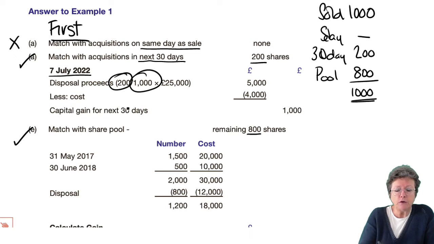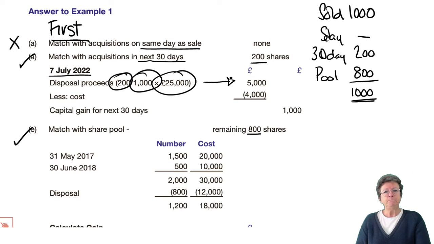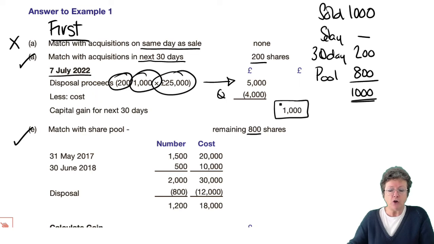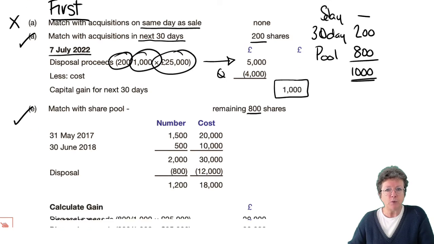So 200 out of the 1,000 of the proceeds goes into this computation. Okay, so it's done according to the number of shares that we're dealing with. Now the cost is what was in the question, which gives us a gain here of 1,000.